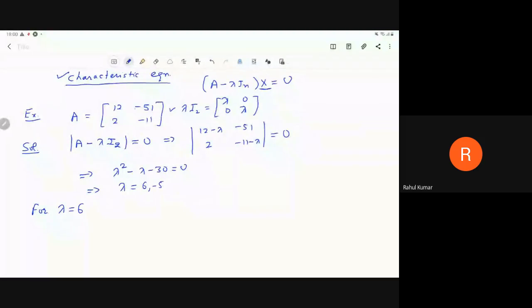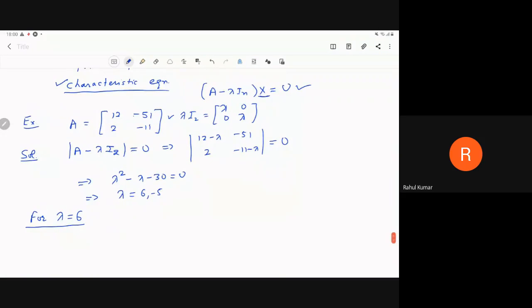Now consider lambda equal to 6. For this, solve this equation. This is a matrix equation. Remember that. In this case, what is this equation? A minus lambda I2, what is lambda? In this case, 6. So let me put here 6 times x equal to 0.